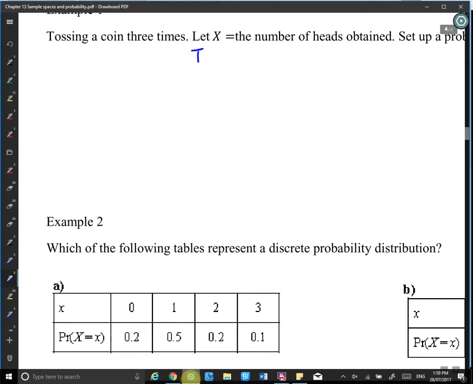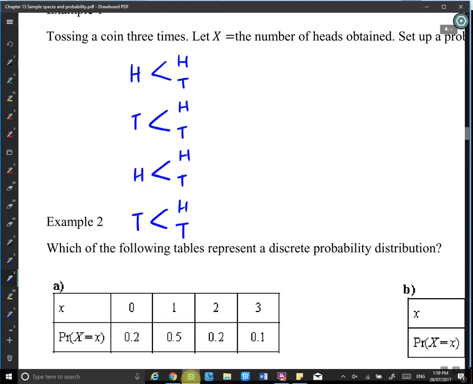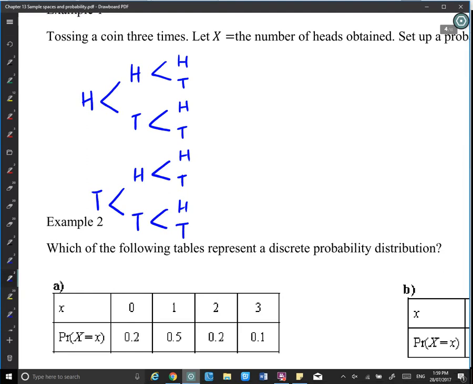I can have tail, head, tail, head, tail, head, tail, head, tail. That's the third outcome. Head, tail, head, tail, tail, head. And there's 8 outcomes.